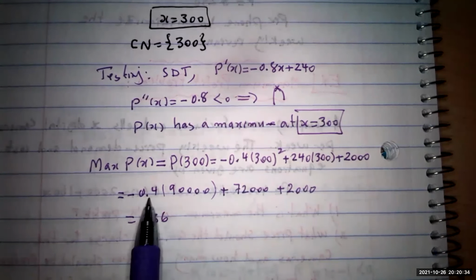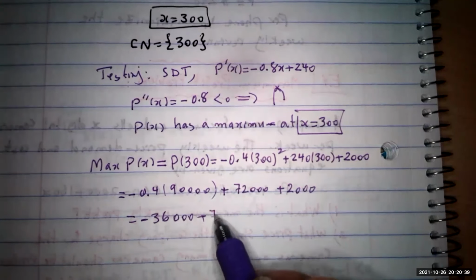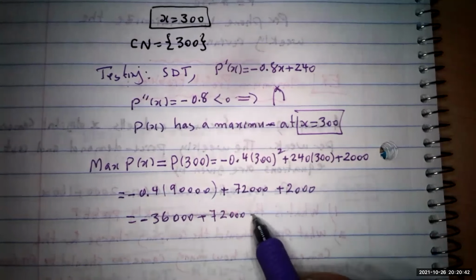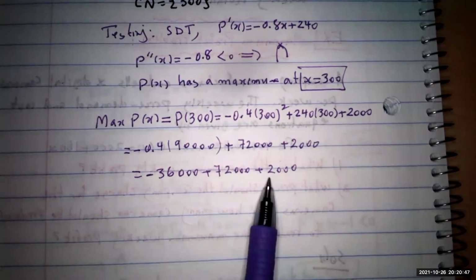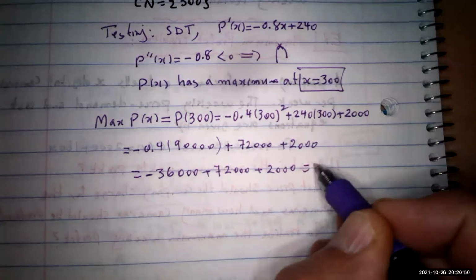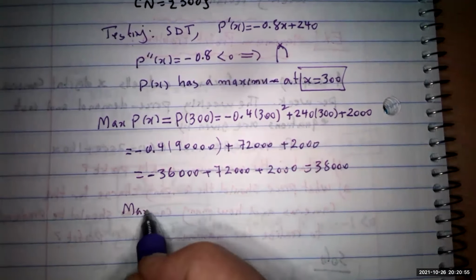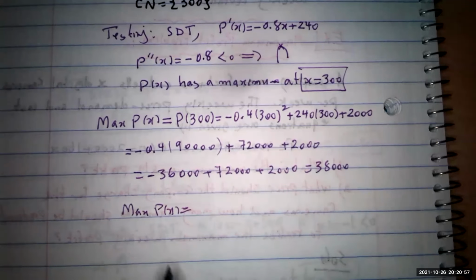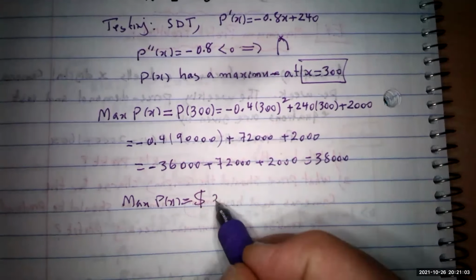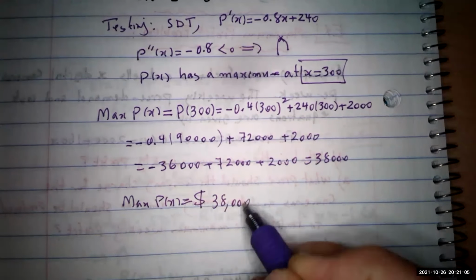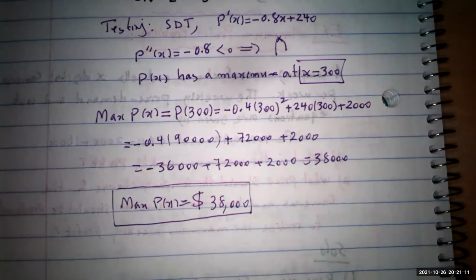You have 4 zeros, but you have to drop one of them for the decimal. So 36,000, 72,000, and the 2,000. So that gives 38,000. So the maximum profit in dollars is going to be 38,000.